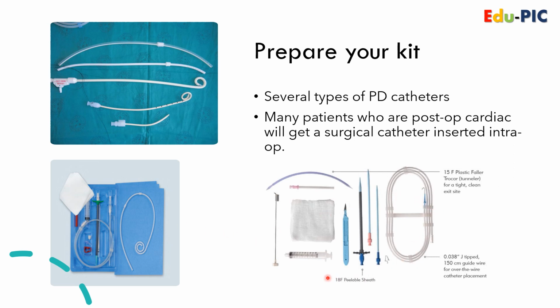You can see that here as well. This is more detailed, with a catheter, an introducer, dilators, a sheath to help introduce the catheter as a cylinder technique, and a wire. Again, if the patient is coming from theaters and is expected to need a catheter as a possibility, then it's always useful to have a surgical catheter inserted intra-op.